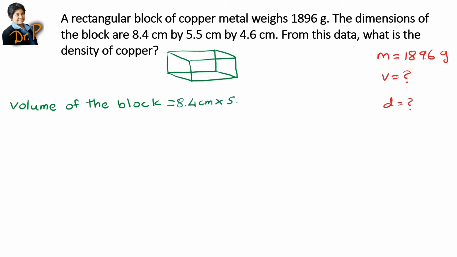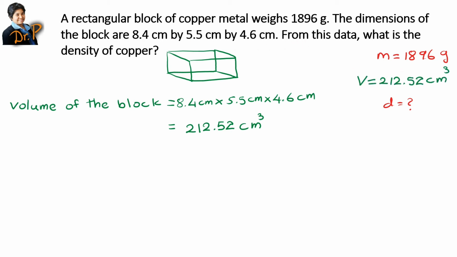So 8.4 multiplied by 5.5 multiplied by 4.6 centimeters, you get 212.52 cubic centimeters. Remember the units. You have centimeters multiplied by centimeters, again multiplied by another centimeter, so your unit is going to be cubic centimeters. Even though this description did not mention the volume, now you have actually calculated the volume.